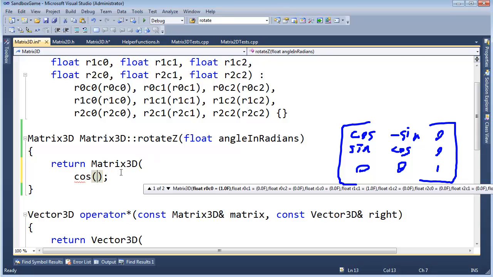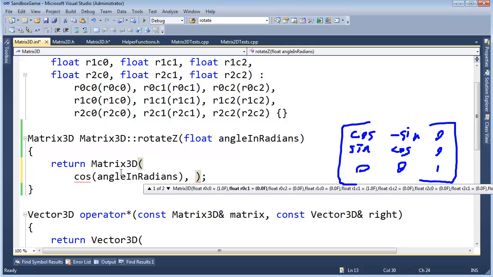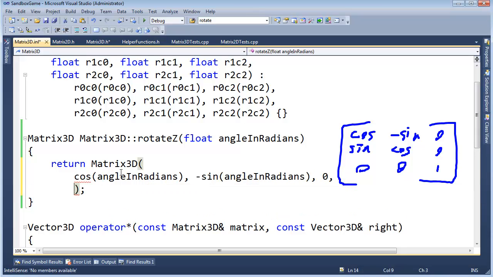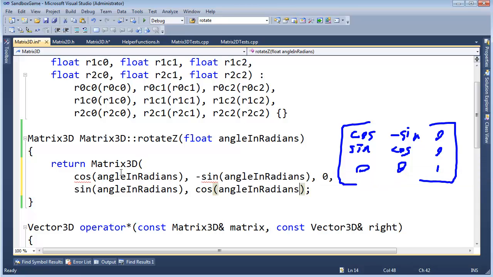Okay, cosine angle in radians. Negative sine angle in radians, 0. Sine angle in radians, cosine angle in radians. I'm actually going to just space that in there to line up with our sine.